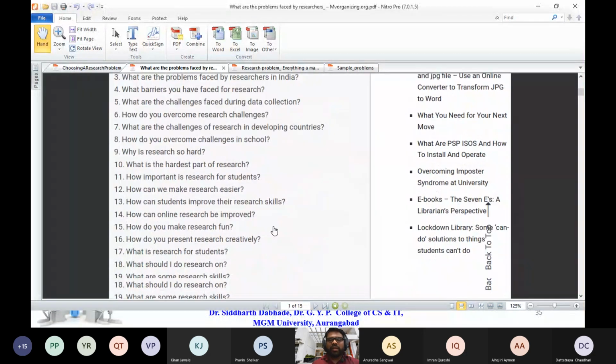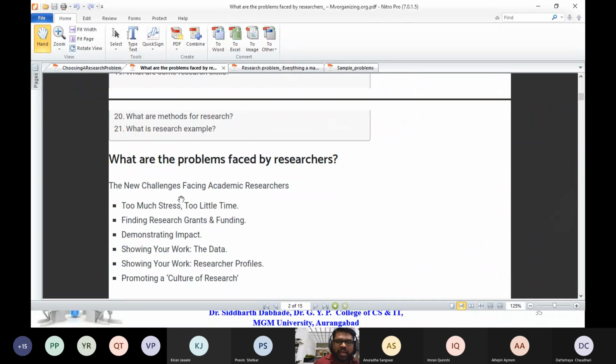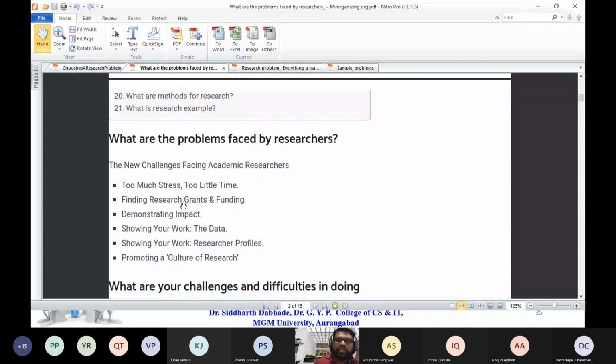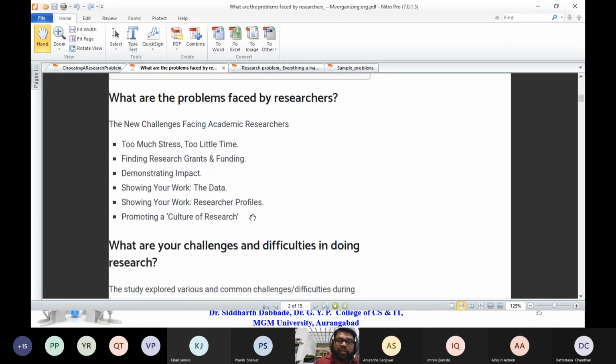But some other problems are also faced by researchers, like too much stress, too little time, finding research grants and funding, demonstrating impact, showing your work and data, showing your work with your research profiles, promoting the research culture. These are the new challenging problems faced by academicians and even researchers.